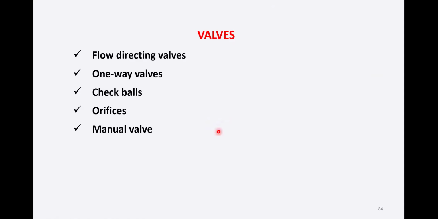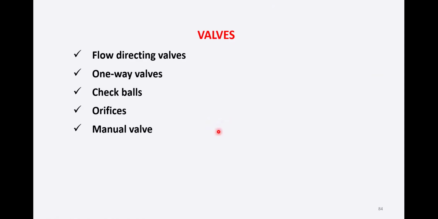Let's see check valves. Check valves are used in the valve body to allow hydraulic circuits to share a common passage. We have a ball here, a passage here, and a ball seat here, with a left passage and a right passage.